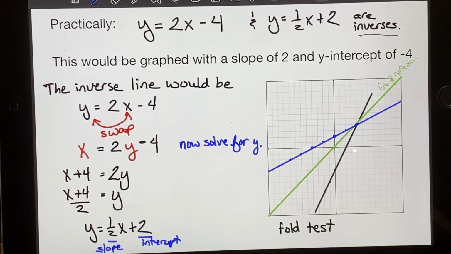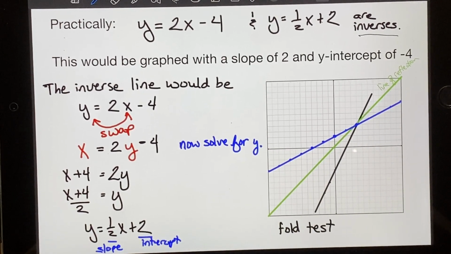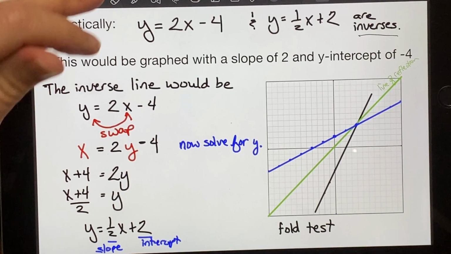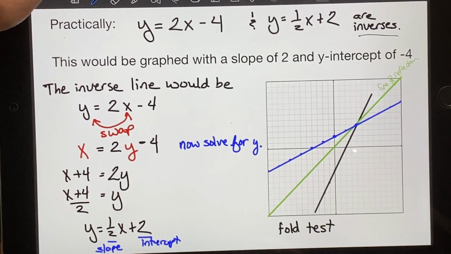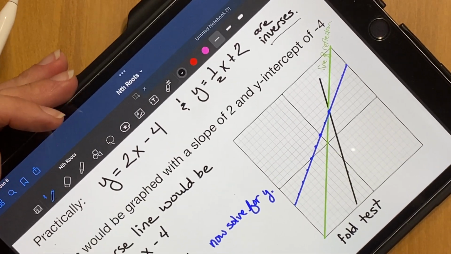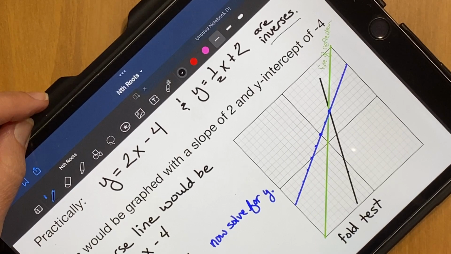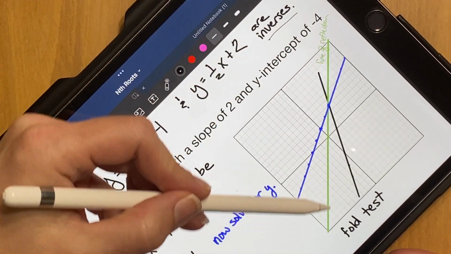Now, they should cross on the line of reflection. Okay, if they meet and cross anywhere other than the line of reflection, then they haven't been graphed appropriately. What I'm going to do instead is take this and turn it so that my line of reflection is vertical. So now my line of reflection goes straight up and down.